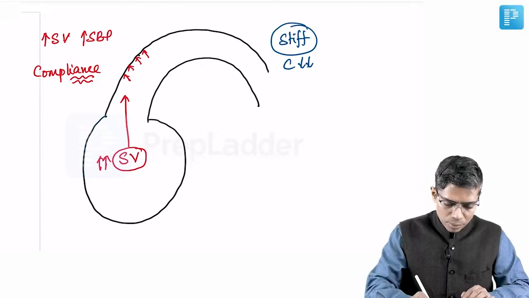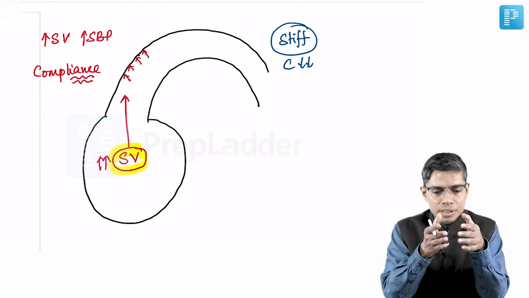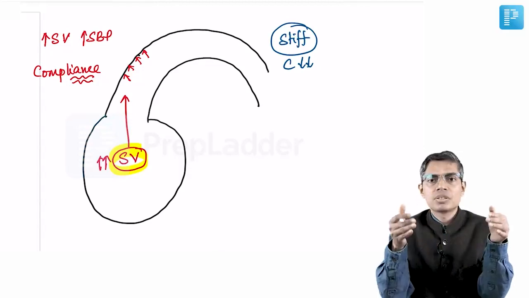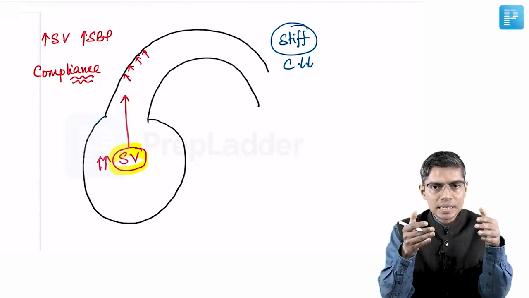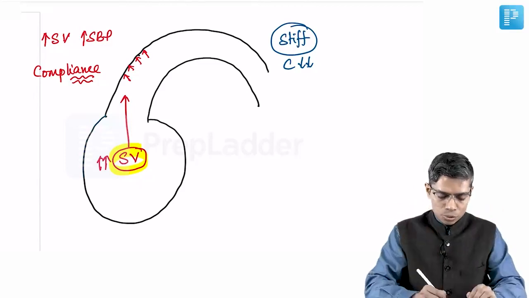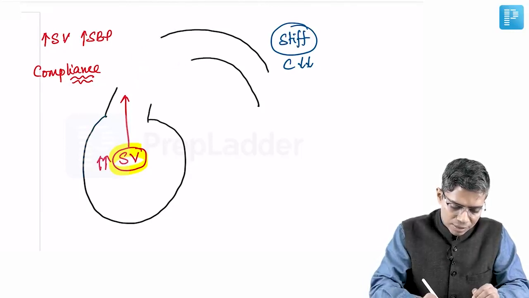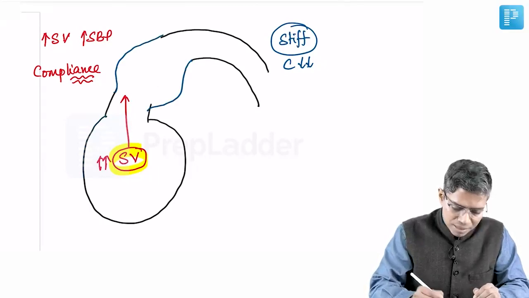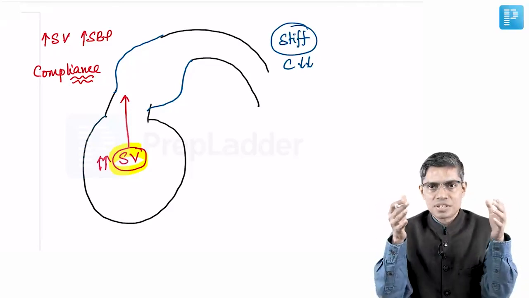So what is happening whenever the stroke volume is ejected by the ventricle? The arch of aorta also expands proportionate to this stroke volume, because it contains a huge amount of elastic tissue. Now remember, the more the expansion, the more is the compliance, the more is the stretchability.